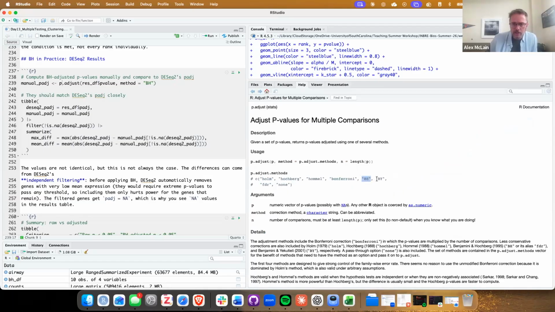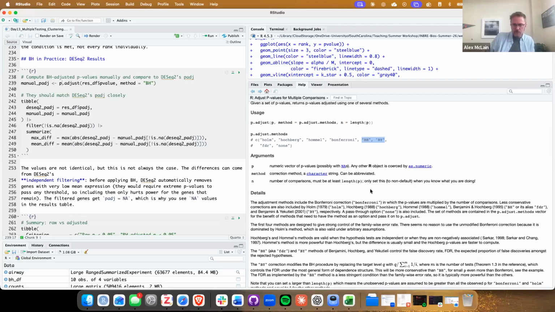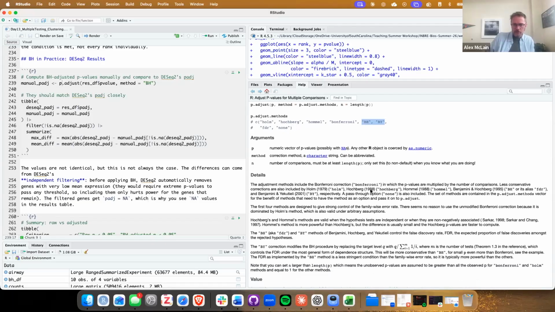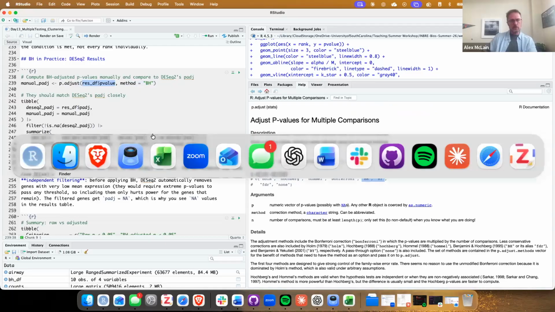And then we have BH, Benjamini-Hochberg. That's another one that we could use. The FDR option is actually going to give us the BH adjusted p-values back. So there are some other methods that you can apply here to adjust your p-values, but always give this function the unadjusted p-values when you want to do that.